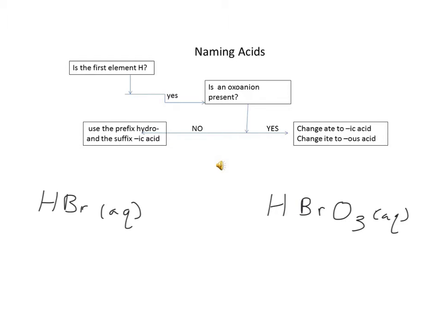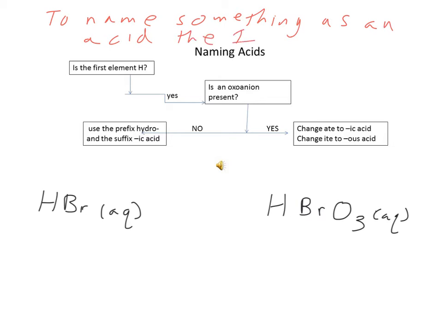There are two big clues that you have an acid. The first is a hard and fast rule. To name something as an acid, the first element in the compound must be hydrogen.